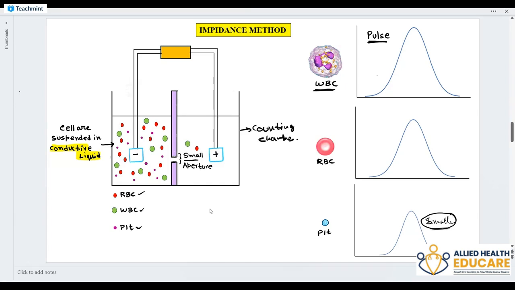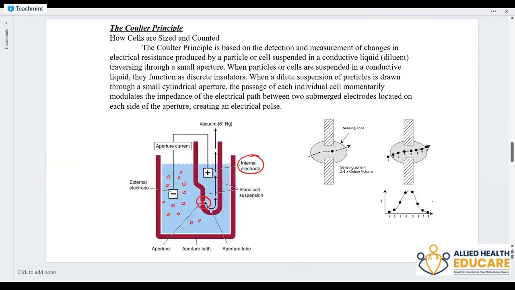For example, if 5,000 pulses are generated, it means that in a given volume of the sample, 5,000 cells are present. According to the size of the pulse, the machine determines whether it is WBC, RBC, or platelet. Now move to the next slide.